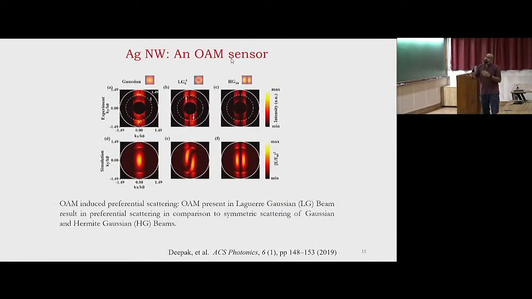Now, what do you learn from such kind of interaction? You will see that you essentially have a Gaussian beam. You will now have a projection of this Gaussian beam in the momentum space. And this is actually the simulated result. Most of the stuff we show is generally the experimental data and the numerically simulated data in parallel.